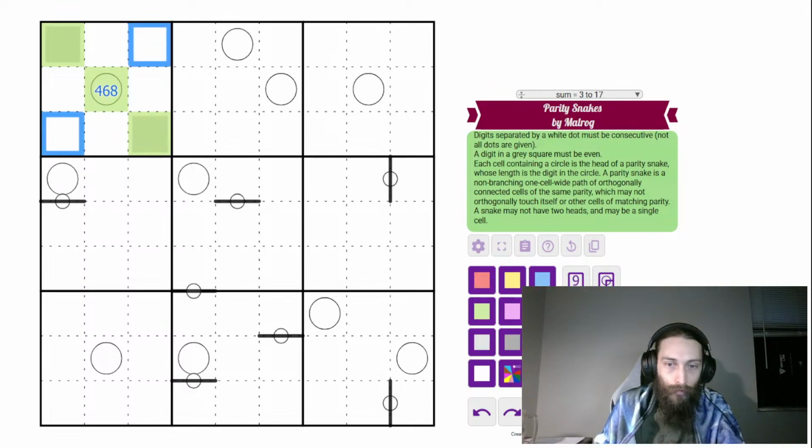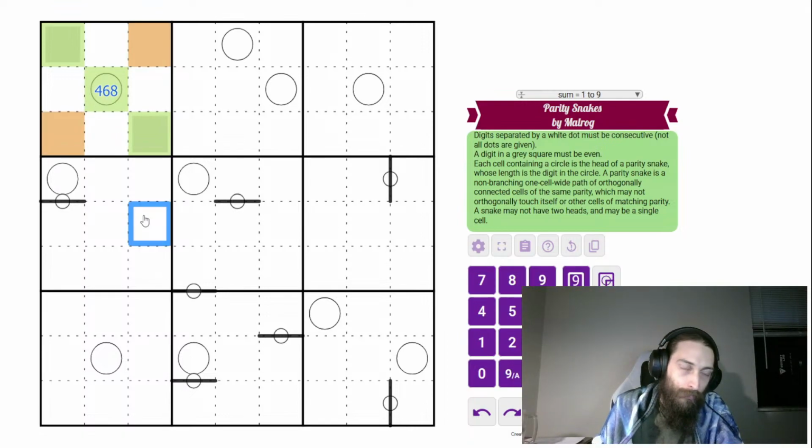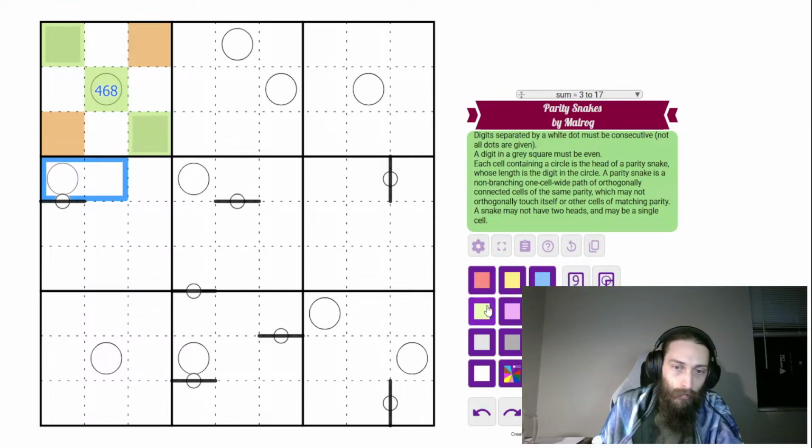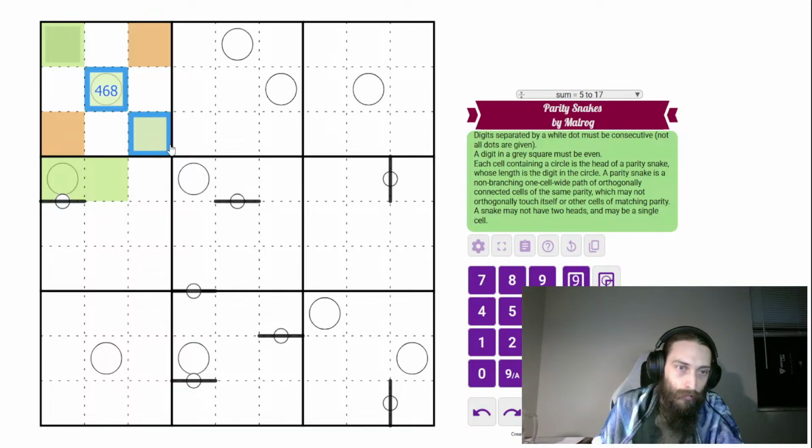And that forces the diagonals to be odd. And if we consider what that means for this snake, if it's even, it goes out like this. We know this one is connected there. So this would be forced to go down or terminate.